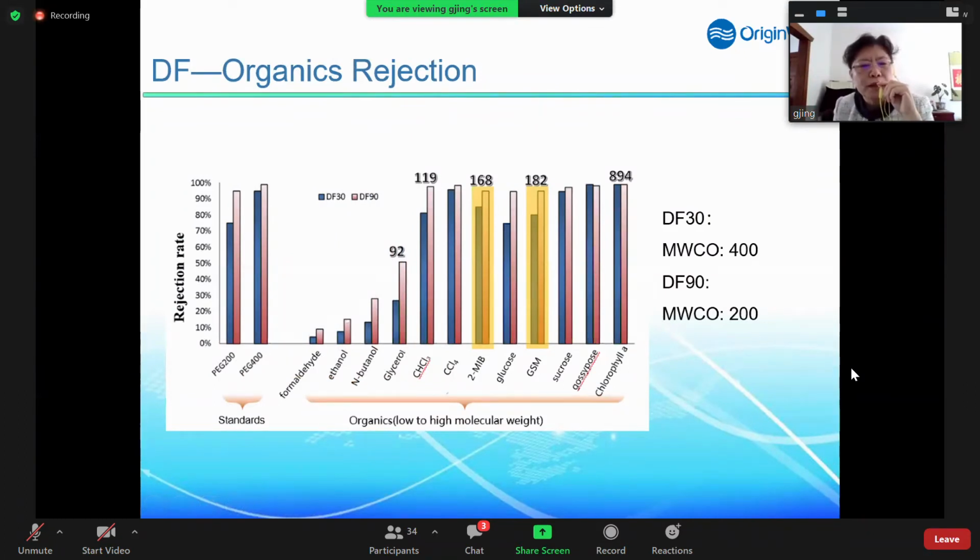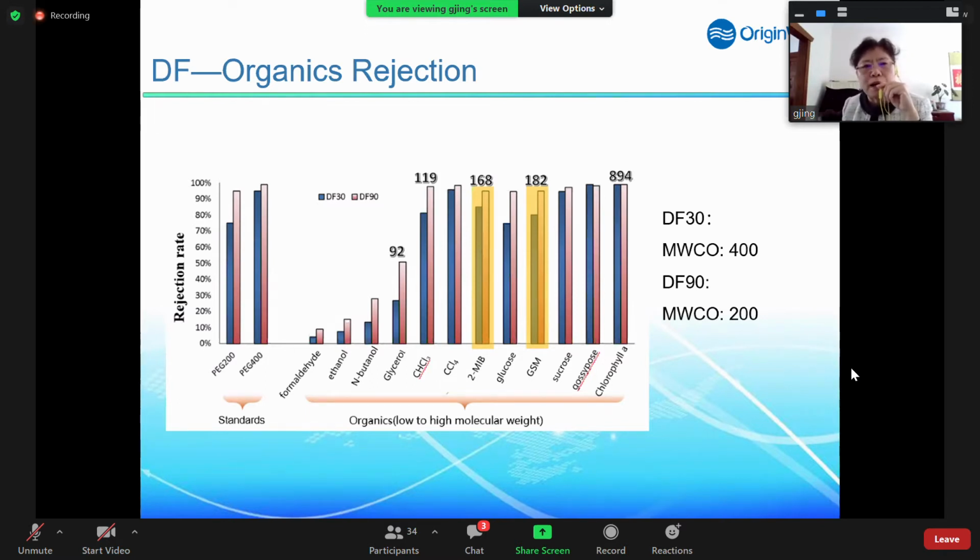Compared with desalination, if we use nanofiltration in wastewater or water treatment and reuse, we need to consider organics removal. The results indicate we can successfully remove organics in water with the different types of membrane: DF30 with a molecular cutoff of 400, and DF90 with a molecular cutoff of 200.